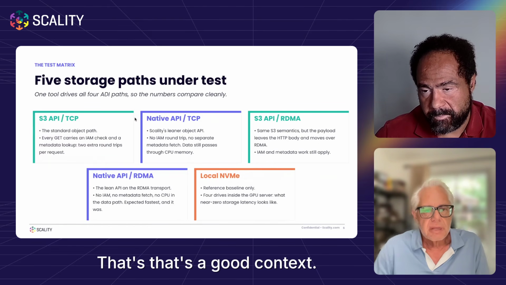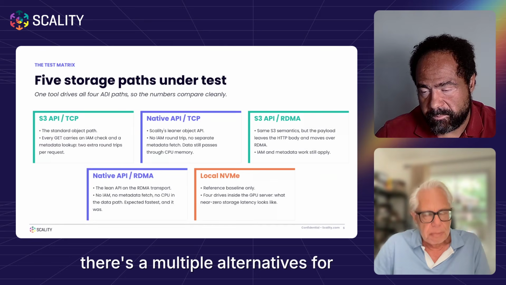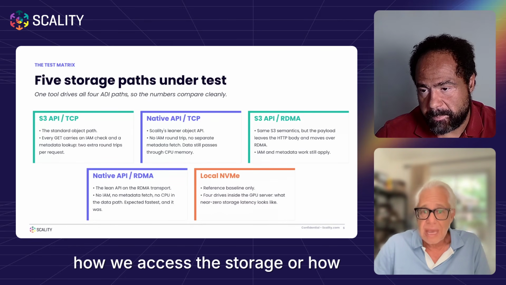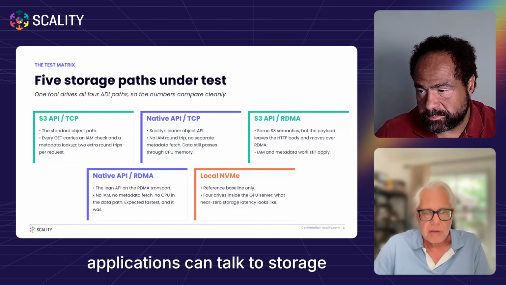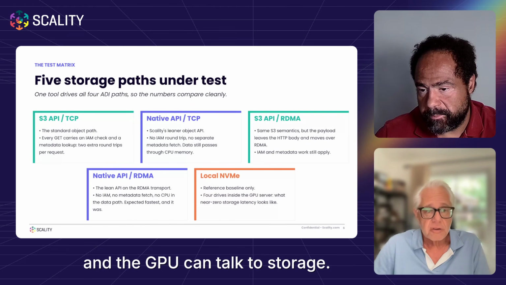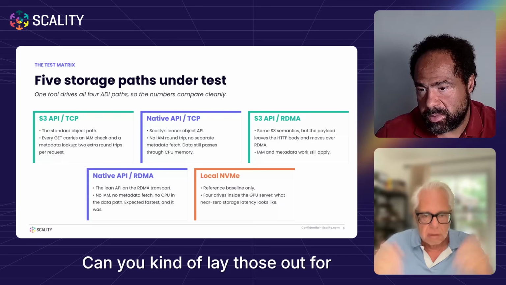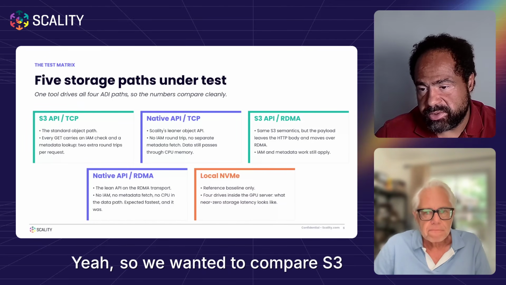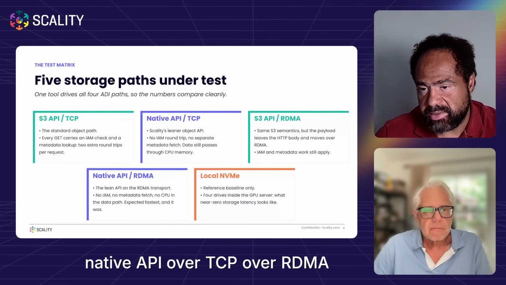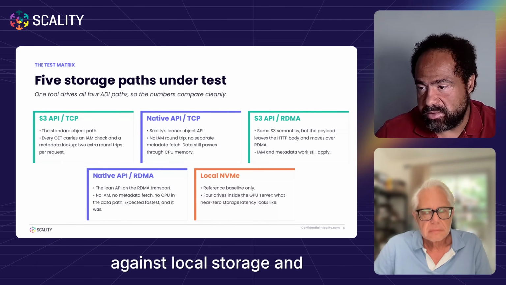Okay, great. That's a good context. There are multiple alternatives for how applications and the GPU can talk to storage. We have S3 and we have a native API. Can you lay those out for us? Yeah. So we wanted to compare S3 and the native API over TCP and over RDMA against local storage.